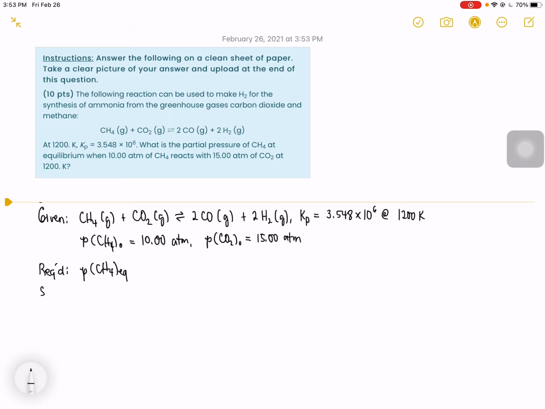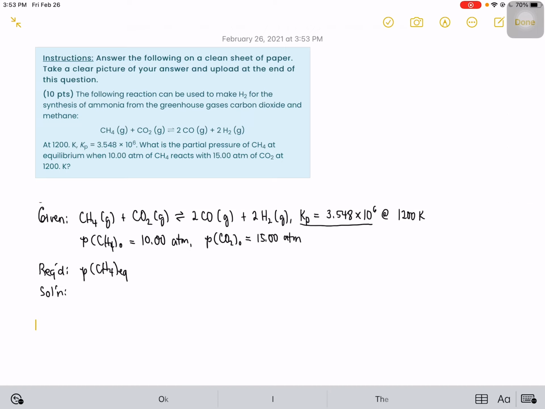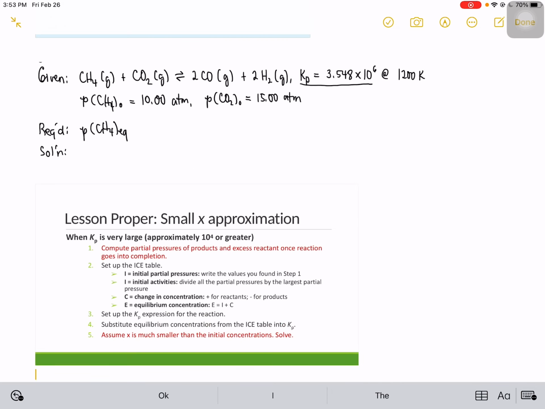To solve this one, we have to first look at the value of our K sub B. Since our K sub B, we notice, is a very large value, 10 to the power of 6, we recall from our lessons previously that we have the following steps to guide us in solving.